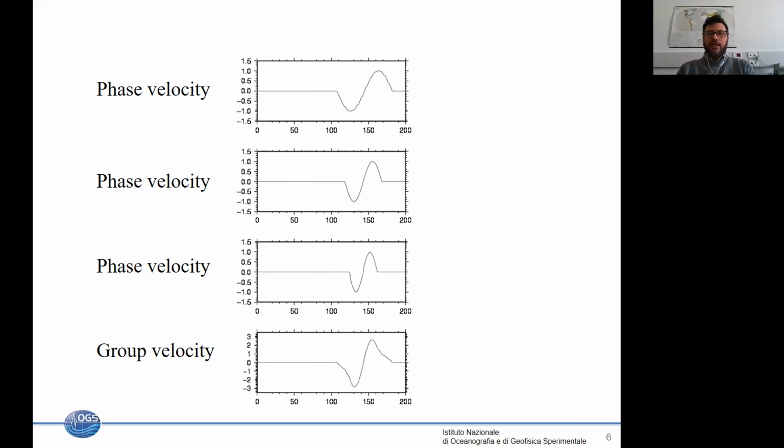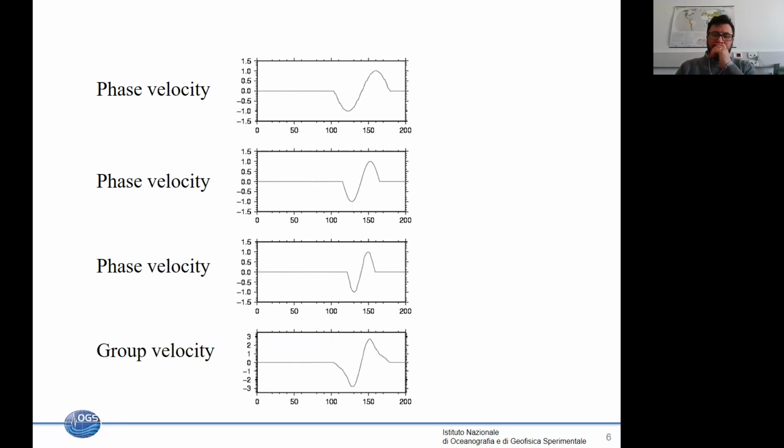You see the smaller frequency at the top, an intermediate frequency in the middle panel, and then a higher frequency in the third panel, going from the top to the bottom.